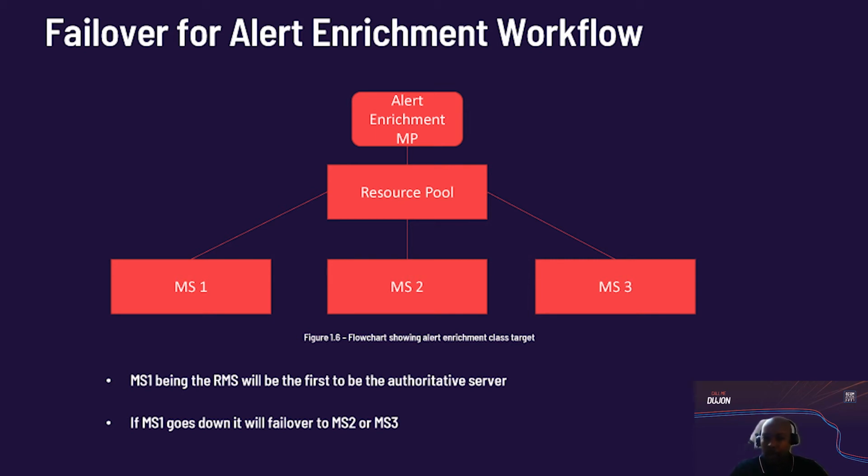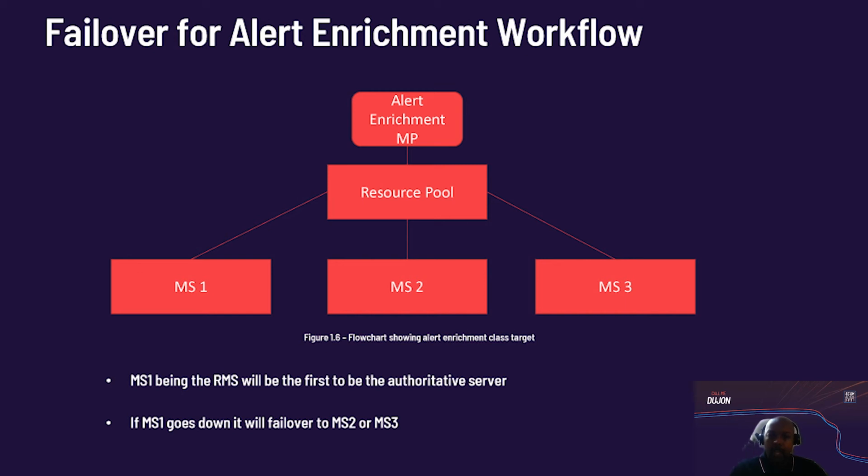How we avoid this is that we make sure the alert enrichment workflow is aimed at a resource pool and not just at a single management server. Because if we have it on just one management server, we would have a single point of failure. If that management server went down, the alert enrichment stops completely, and that can have a domino effect on every other service that you provide in the business.